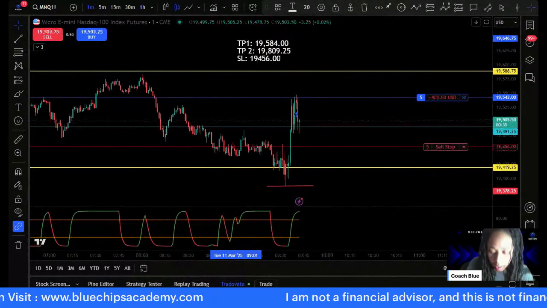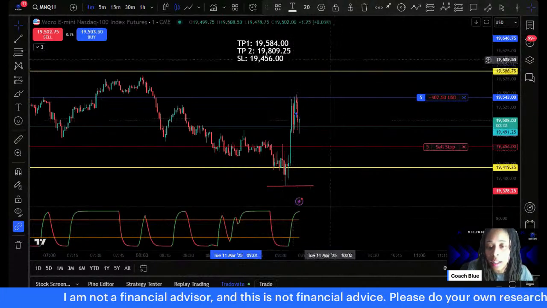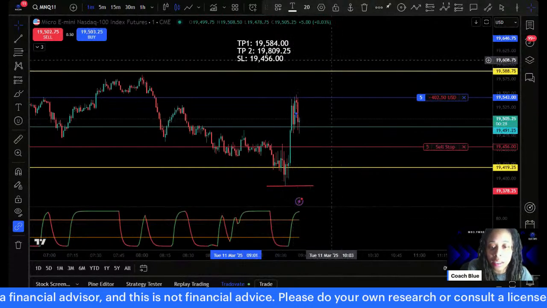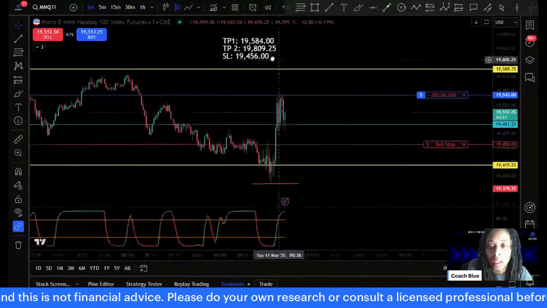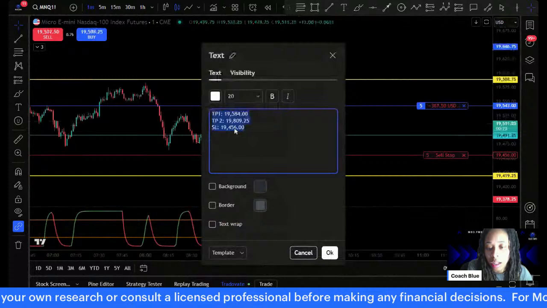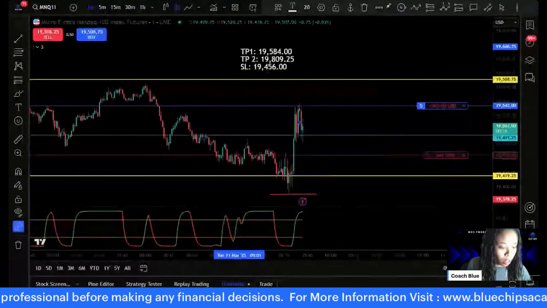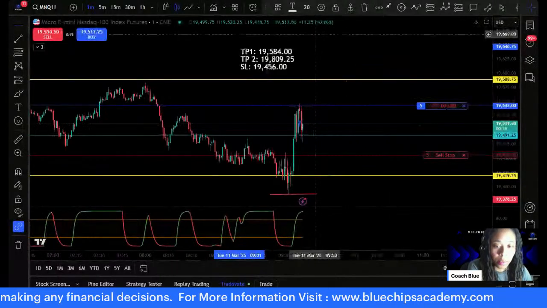Those are my levels right there, guys, that I'm looking at, and let's see what price does. Let's see what it wants to do. Let me go ahead and grab this and drop that into the chat, and let's see what we get.